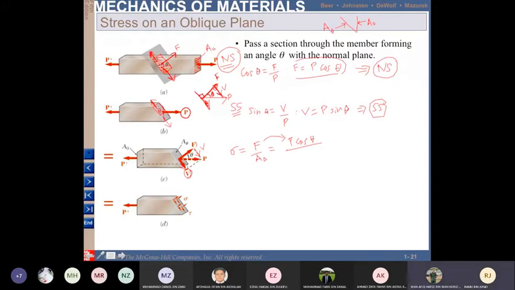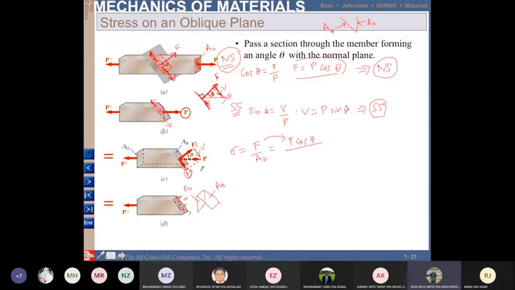Faham tak? Because if you want to draw, you can draw like this. This is your new A theta, and at the back, this is your A original.